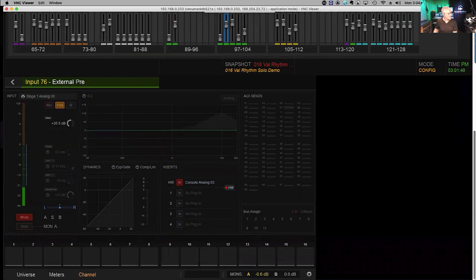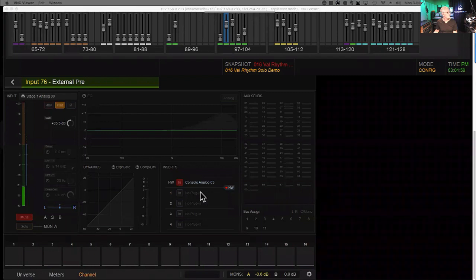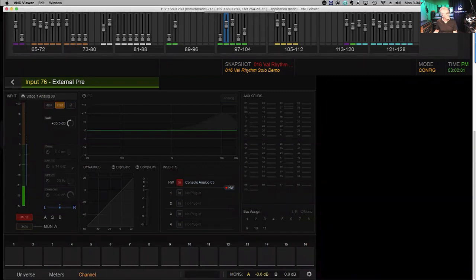As you can see, I've got hardware insert in there. And if I take it out, you can see that the signal should go away. Actually, I'm kind of getting ahead of myself here.